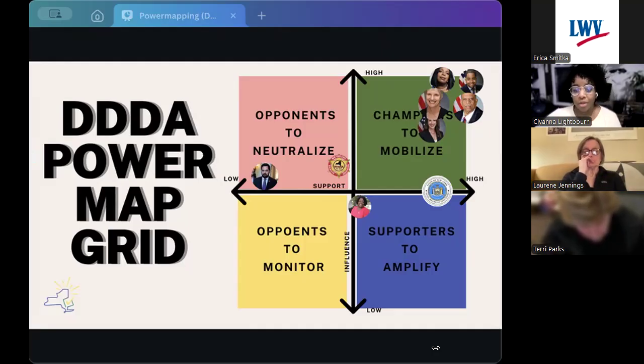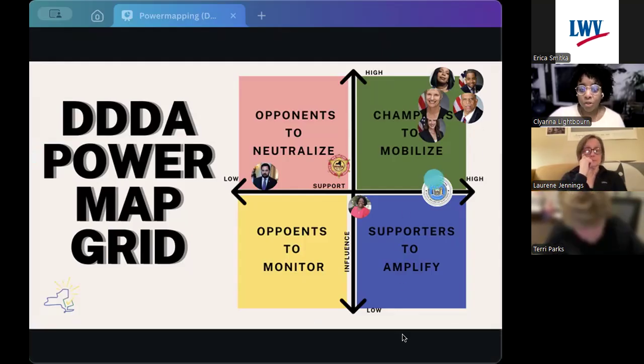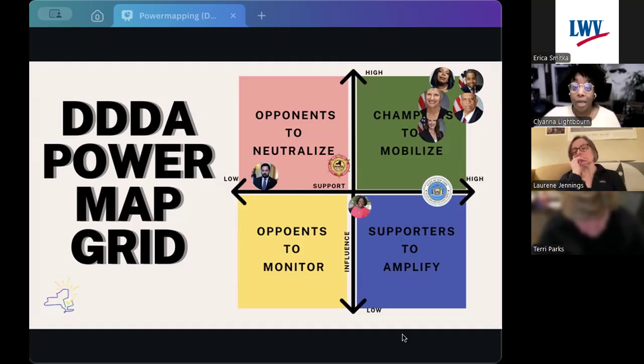So we want to make sure that we're not only thanking them for supporting, but asking them to talk to other people about the bill, and ways that we can move it forward. With the people up in this corner, you can do that with pretty much any campaign. Those are the folks that you want not only talking about the bill, but talking about how they believe in the bill or whatever campaign you're working on.